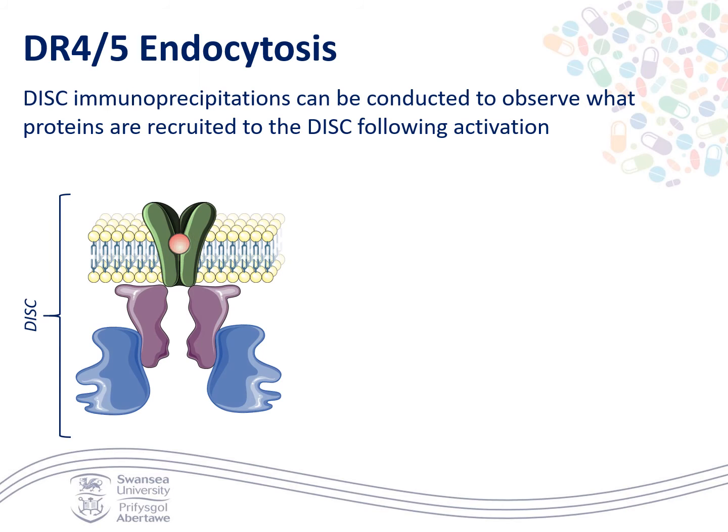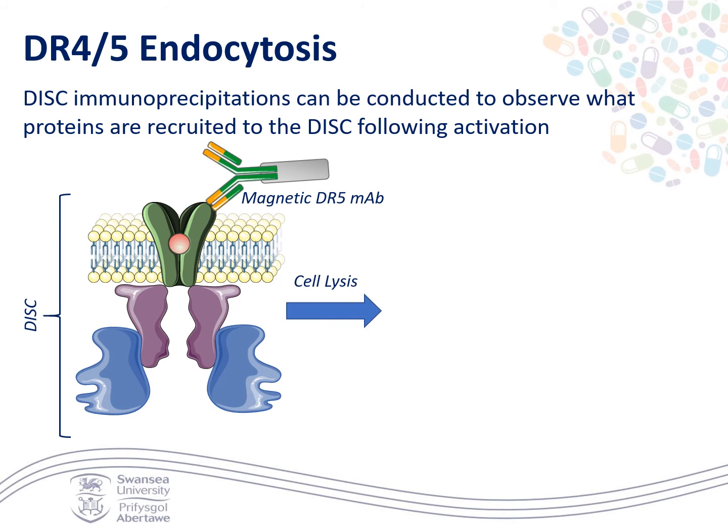So you'll now be very familiar with the fact that the DISC contains death receptor 4 or death receptor 5, as well as the Fas-associated death domain and pro-caspases, which are then activated to caspases. And we can then utilize magnetic DR4, DR5 monoclonal antibodies to bind to those receptors.